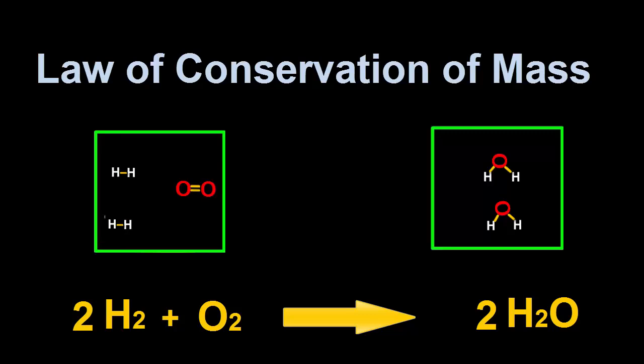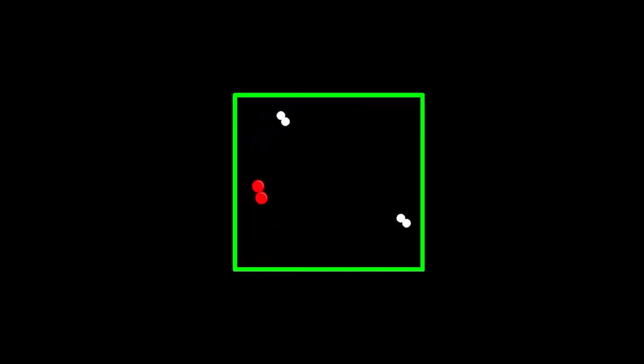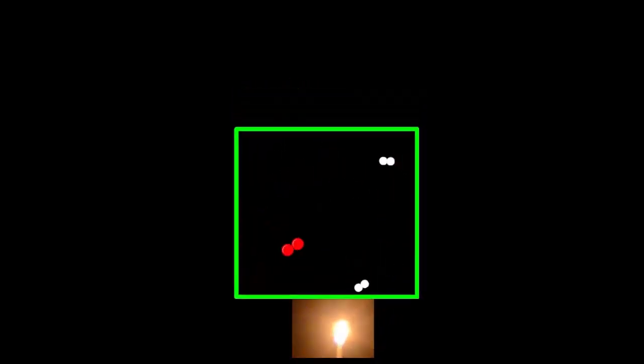That's just a fancy way of saying that there's no loss or gain of mass during a chemical reaction. And we can use the conservation of mass law to help us write chemical equations so that the atoms add up, even if we can't see the movie of the molecules where we can count them.